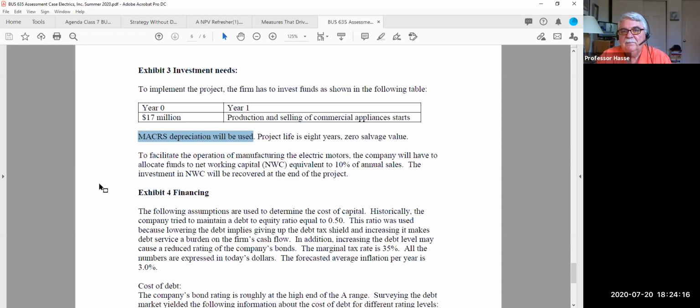Google, and just type in MACRS, and it'll give you that information. You can go to the Internal Revenue Service website and type in MACRS. Put in the length of your project life, and they'll give you that information as well. So there's no salvage value, so you don't have to worry about that. You know the project life is 8 years, but you have to come up with that depreciation.